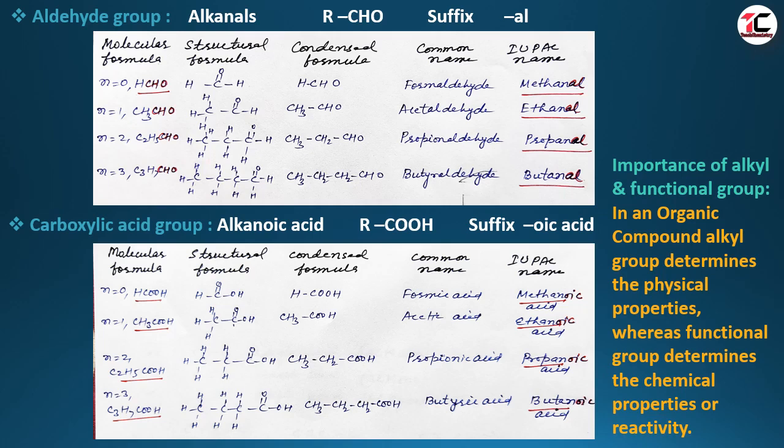Apart from these, alkenes and alkynes are also functional groups, but IUPAC does not consider them as functional groups, but we have to study alkene and alkyne as functional groups that we have already studied in the previous video. I hope the things are clear.